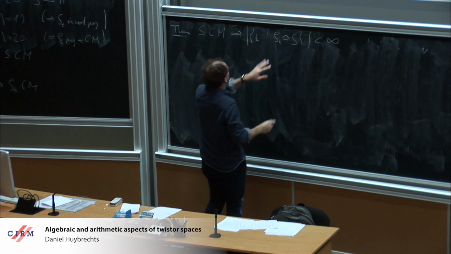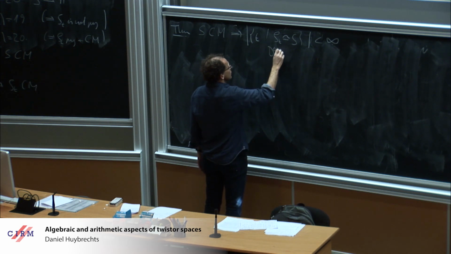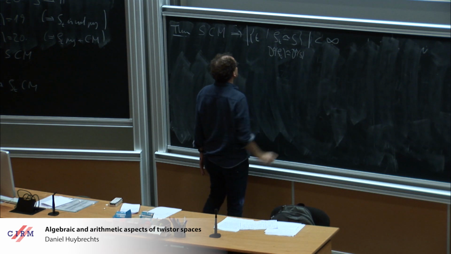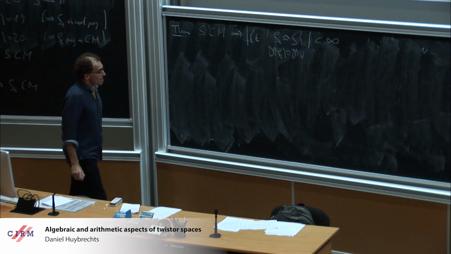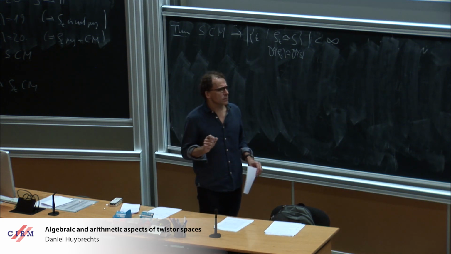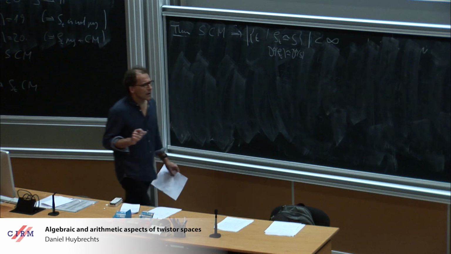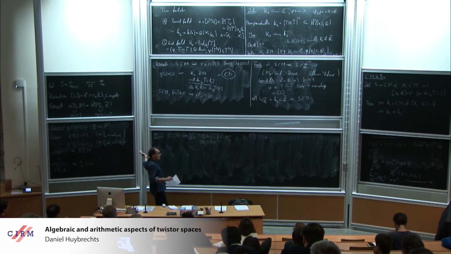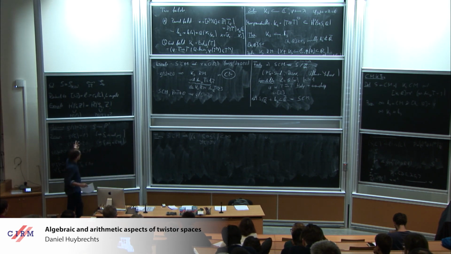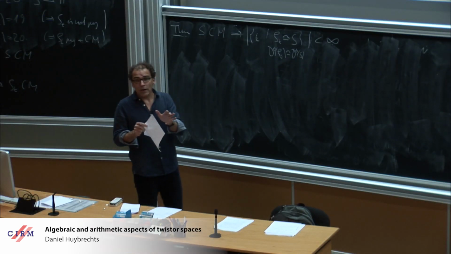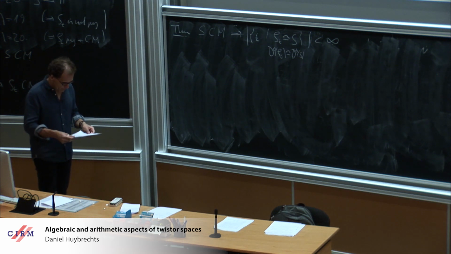In fact, you can prove more, namely that the set where the fibers are derived equivalent to S is a finite set. And I would even expect, I'm not sure I've checked this really, that in the case rho equals 20, where the CM field is of degree 2, if you bound the discriminant, then there are only finitely many fibers with bounded discriminant.